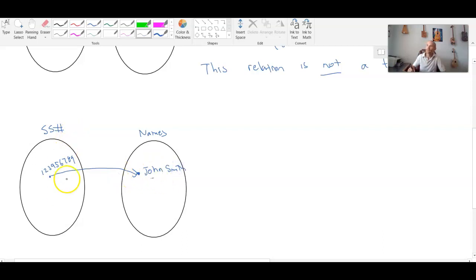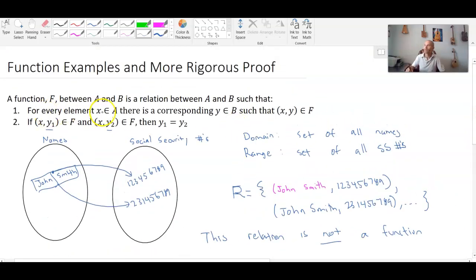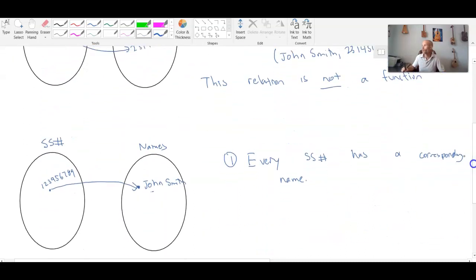So arguably every social security number has a corresponding name. And that satisfies my condition 1 here. For every element in the domain, there's a corresponding value in the range.